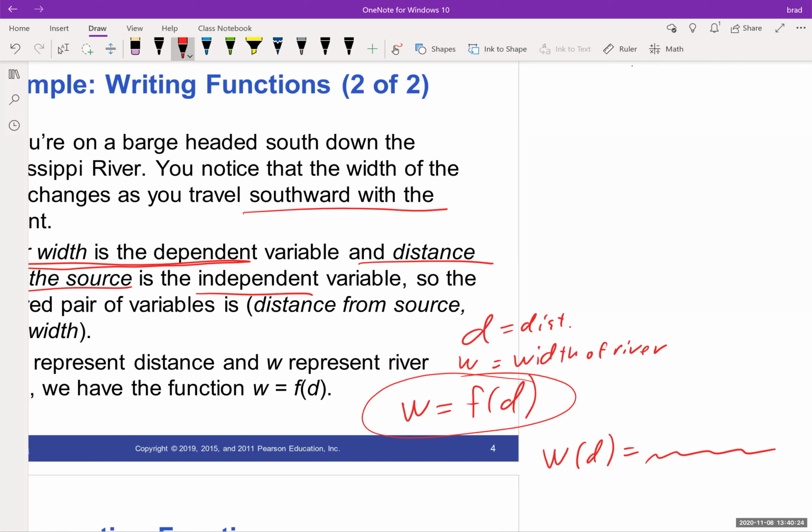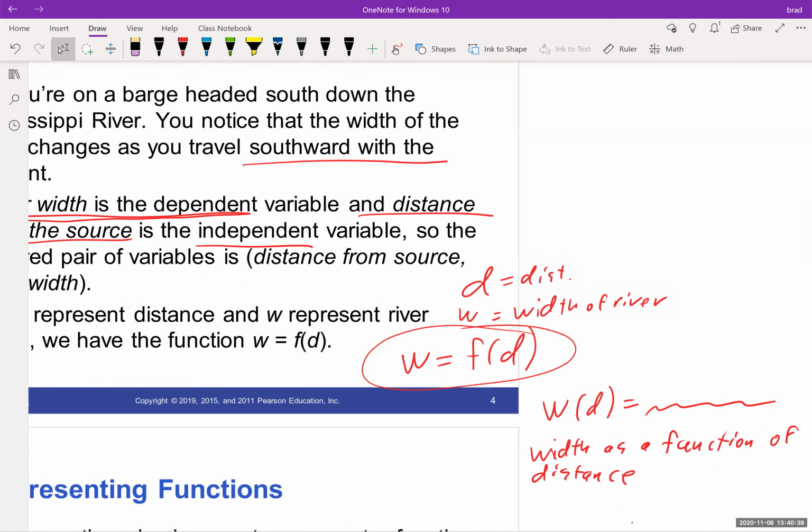So literally think of this as saying width as a function of, not time, I'm sorry, distance. I'm so used to using time. Width as a function of distance. So whatever the distance is, I can then project or tell you what the width of the river would be.